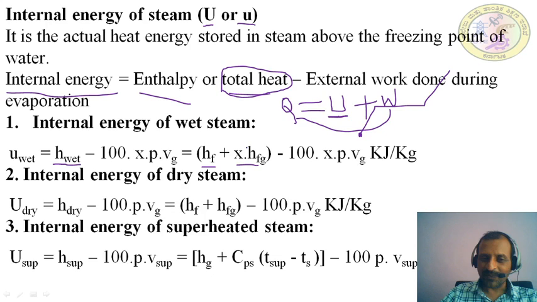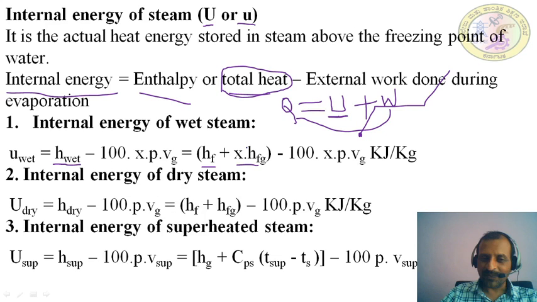Then what is Sg? Sg means entropy of dry steam. How are we going to write it? Entropy of dry steam: Sf plus hfg by Ts. Sf is by default the entropy of water, it will be present. Then hfg by Ts. Including these two, we call this Sg. So this is Sg plus 2.3 Cps log 10.